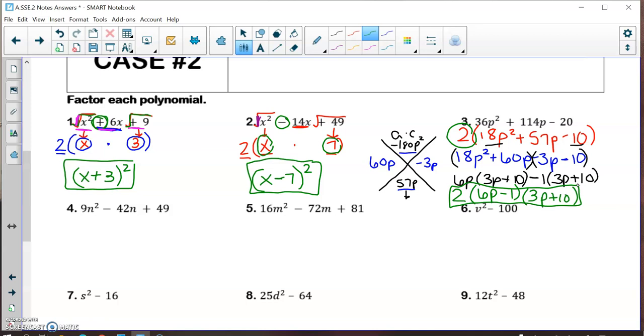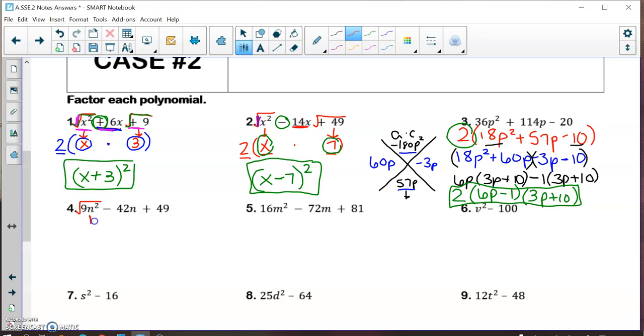However, in number 4, if we're looking between using the perfect square trinomial shortcut or the x method, the perfect square trinomial shortcut would be easier and a lot quicker. Now let's test to see if number 4 is a perfect square trinomial.